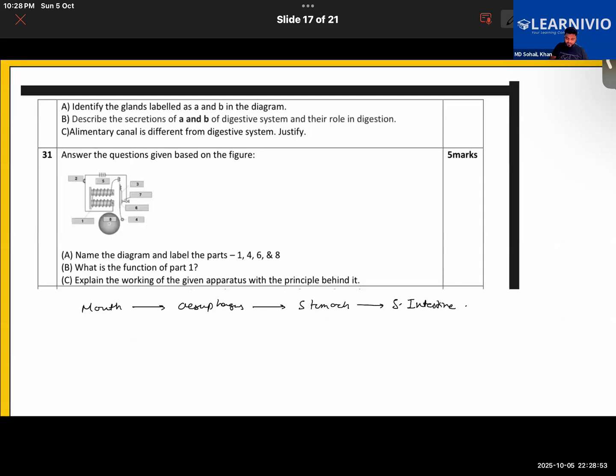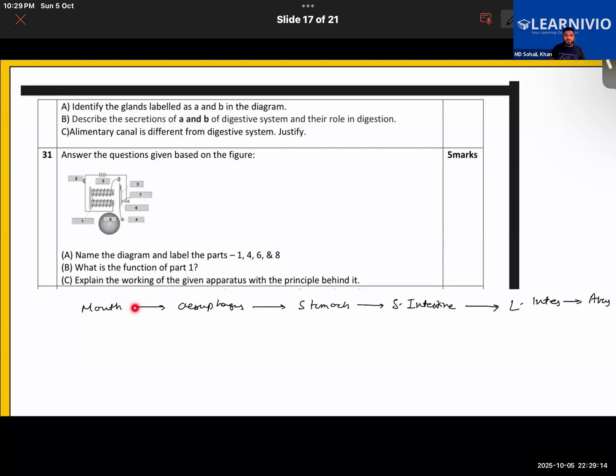Glands are not part of it. Then the small intestine, the large intestine, and then the anus. So the alimentary canal refers only to this long continuous tube through which food passes in our body from the mouth till the anus.